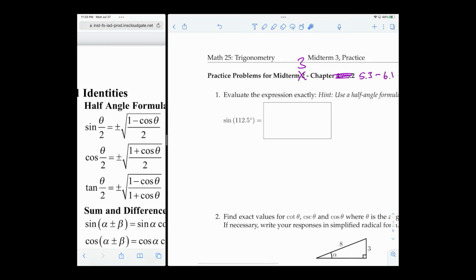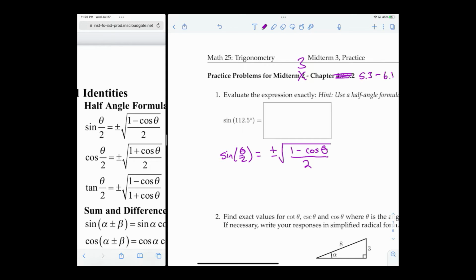So I'm going to write out this identity: sine theta over 2 is equal to plus or minus. You don't know if it's plus or minus until you solve the problem and figure it out for yourself. So this is the formula.